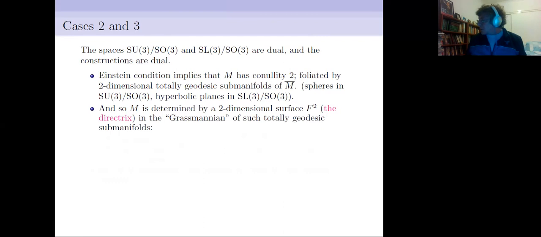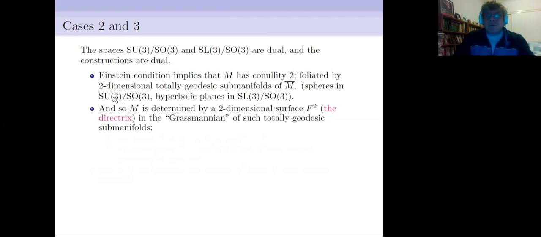I think it's Chen-Nagano, some old result. On the other hand, if you want to make a list of concrete totally geodesic submanifolds, it turns out that even if you look at the maximal ones, starting from some point it becomes quite non-trivial.